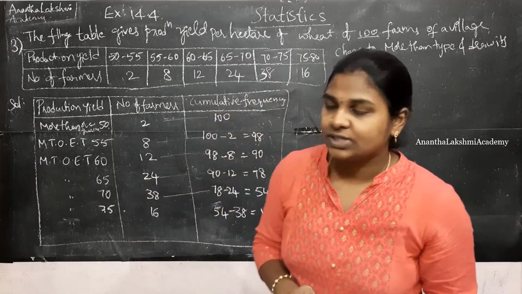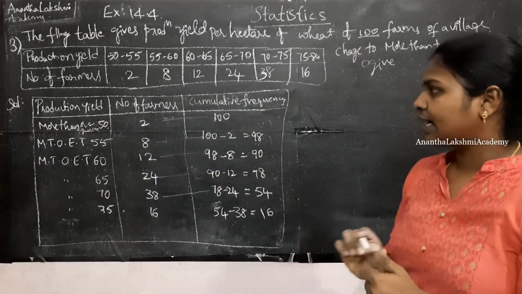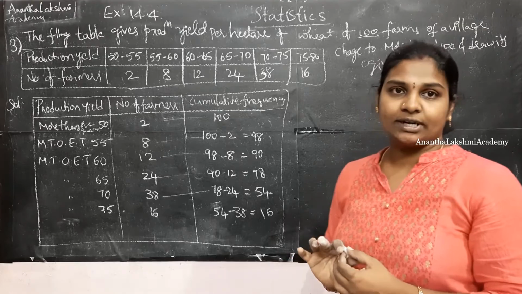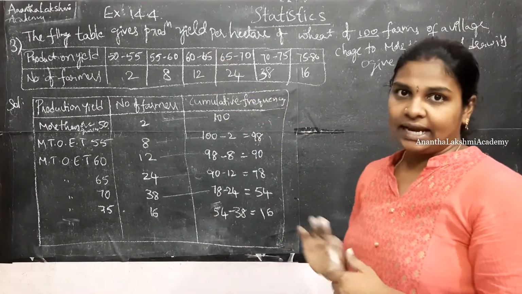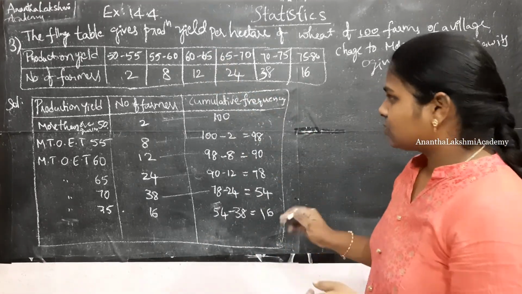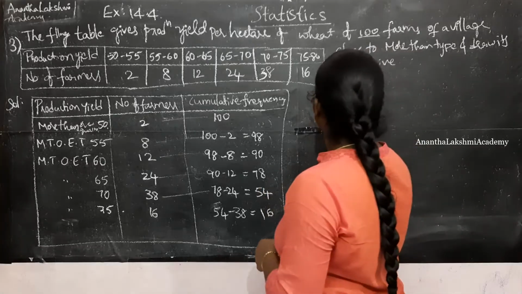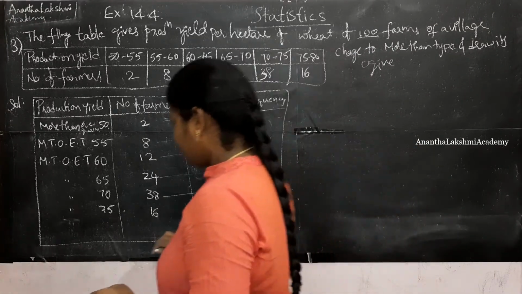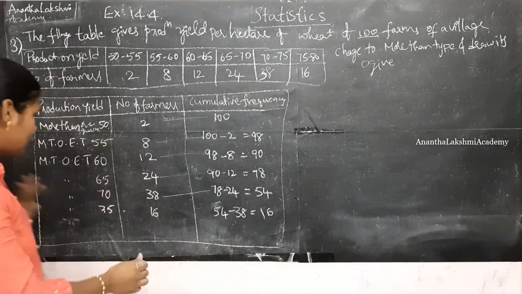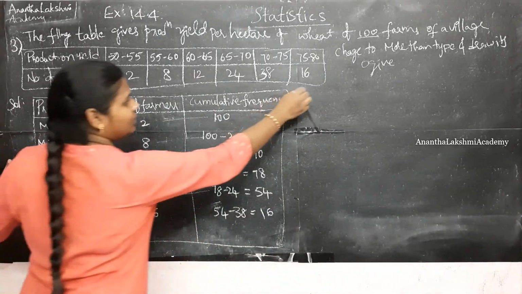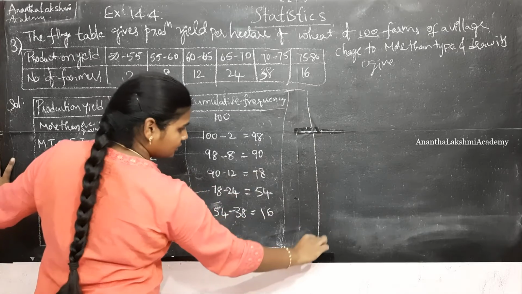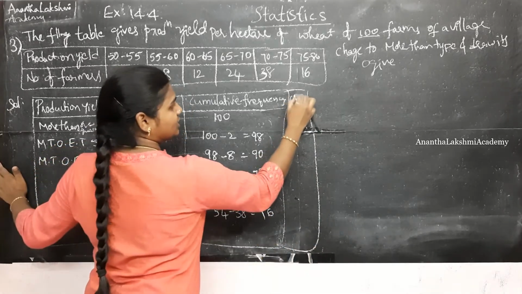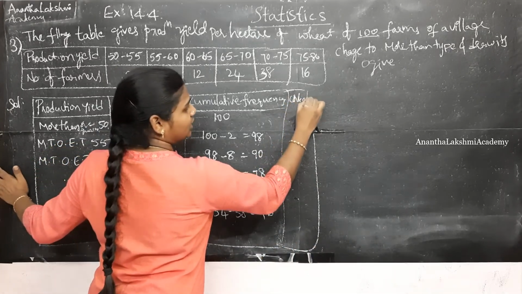Now, in order for us to draw the ogive of more than type, we will be considering what? Lower boundaries and cumulative frequencies. So the coordinates will be, let me write the coordinates here on the downside. If you have the place, you can write it here. The coordinates, generally it is supposed to be the last column.